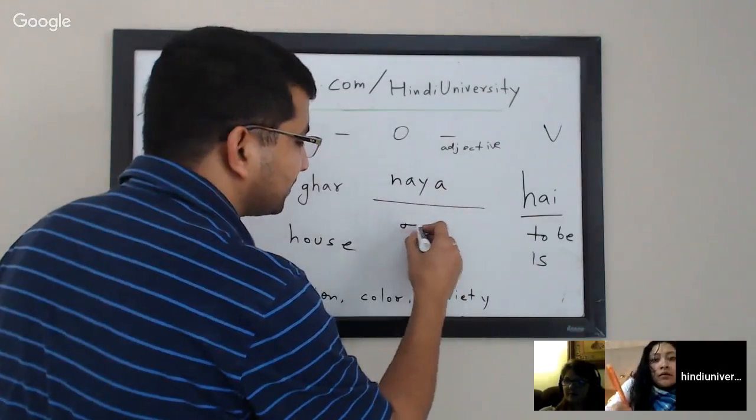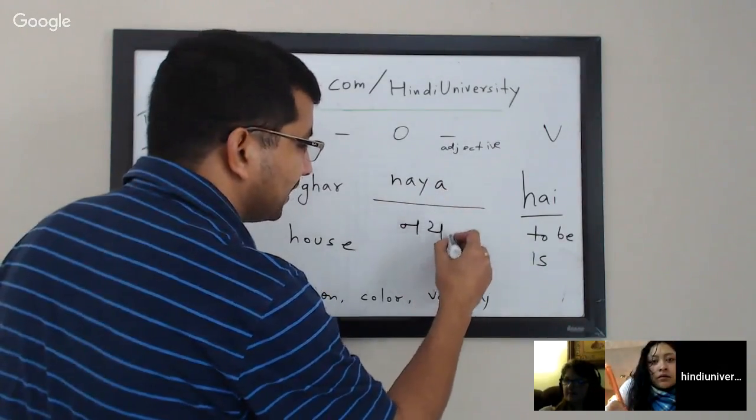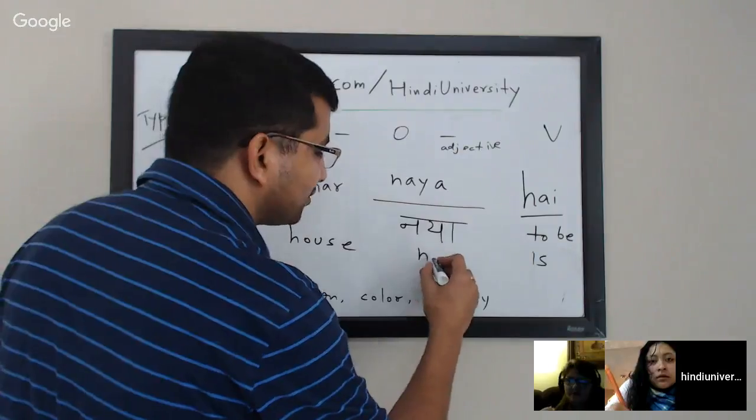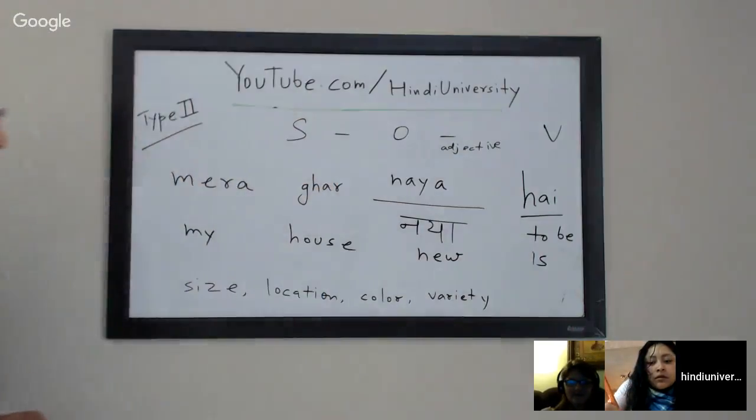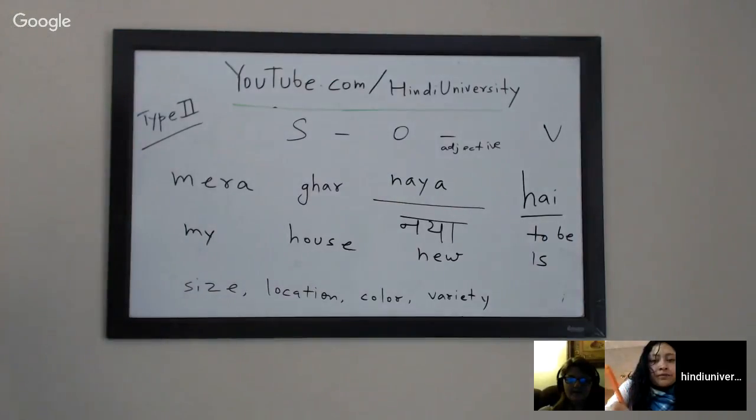Okay, naya is nothing but na, and then ya. My house is new. Okay, मेरा घर नया है. What else? How do you feel? मेरा घर सफेद है. My house is white. Okay.